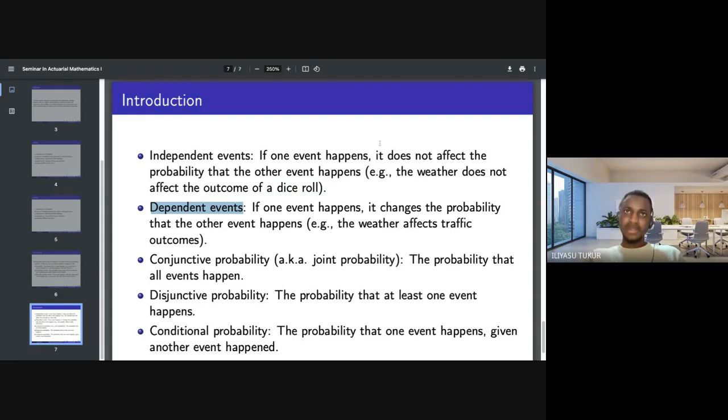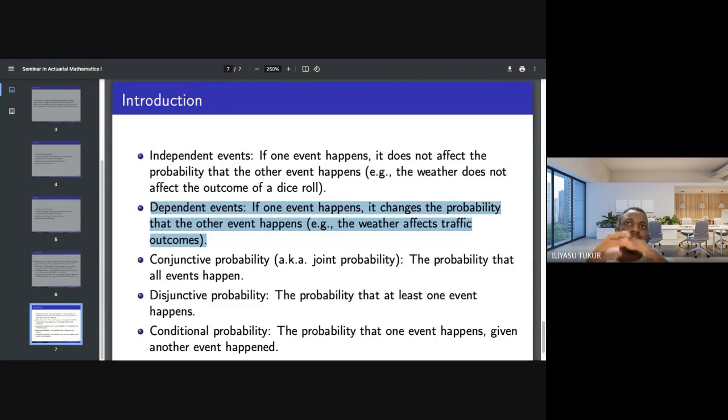I'm giving this example because we'll be using them when we start citing examples. So dependent event: if one event happens, it changes the probability that the other event happens, e.g. the weather affects the traffic outcome. Yes, it's true. It is obvious, it's clear, for example, when it's snowing you have to drive slowly, or when it's raining heavily, sorry for my English, you have to slow down, and then it affects the traffic outcome.